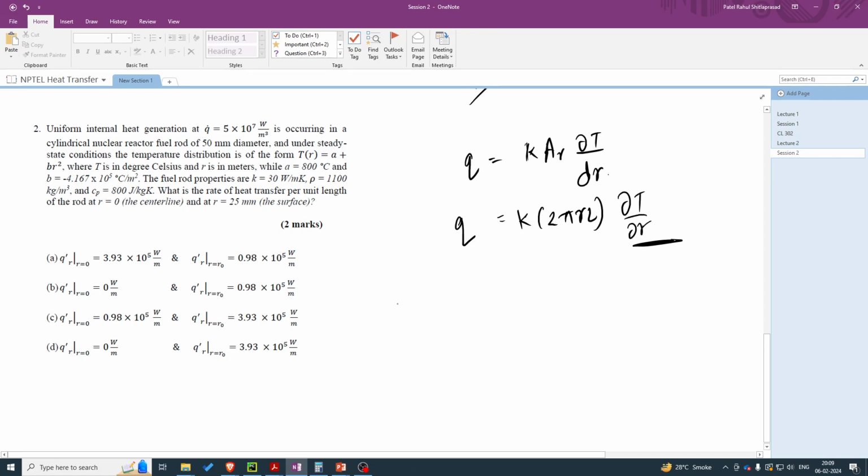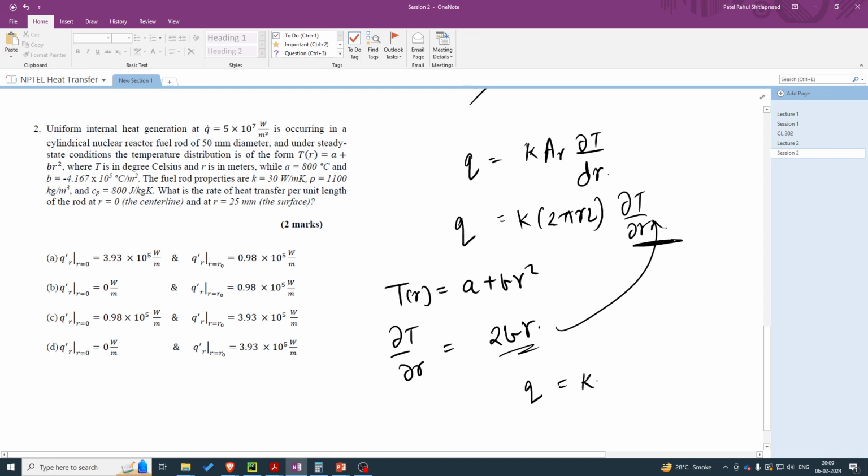Using this equation, T as a function of R is A plus B R square, del T upon del R will become twice of B R. So this value you can just put over here, and you will get Q is equal to K into 2 pi R L into twice of B R.